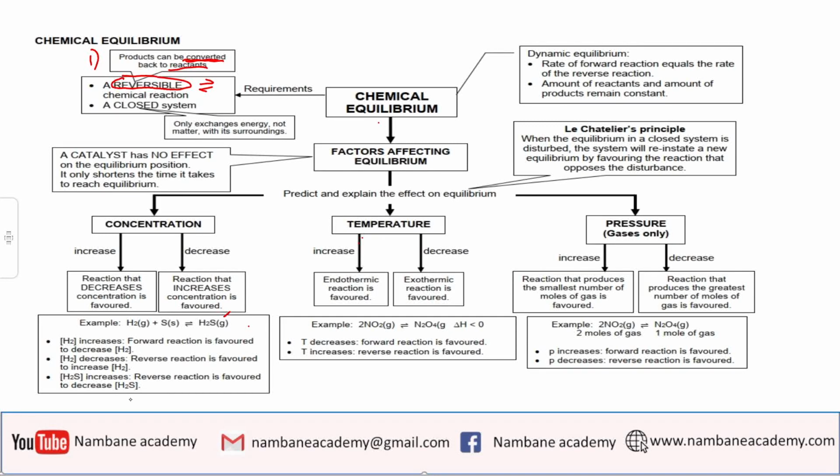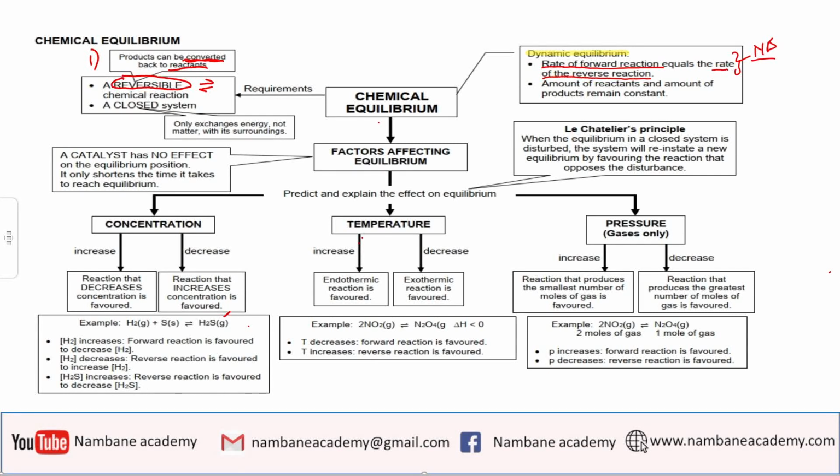Now, when one explains what a dynamic equilibrium is, it can only be dynamic because of what? Because the rate of the forward reaction is equal to the rate of the reverse reaction. This is a critical definition that one must know.